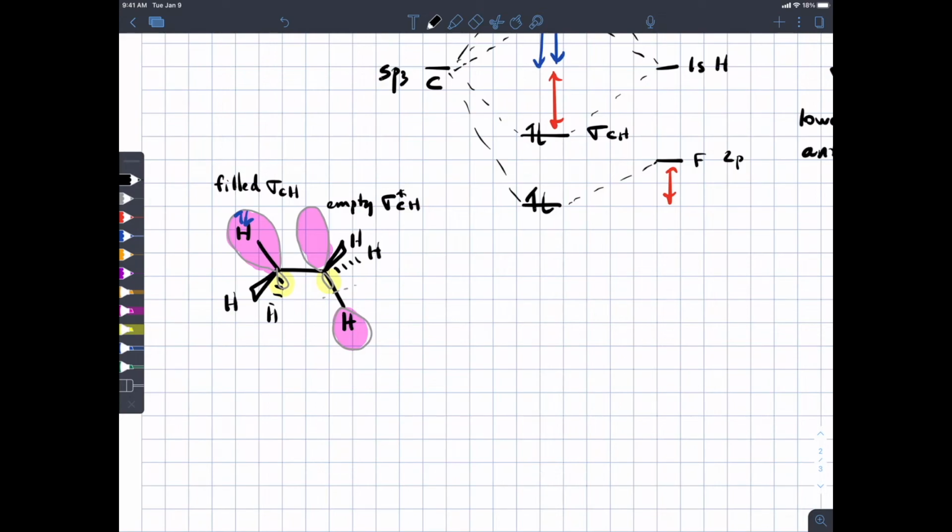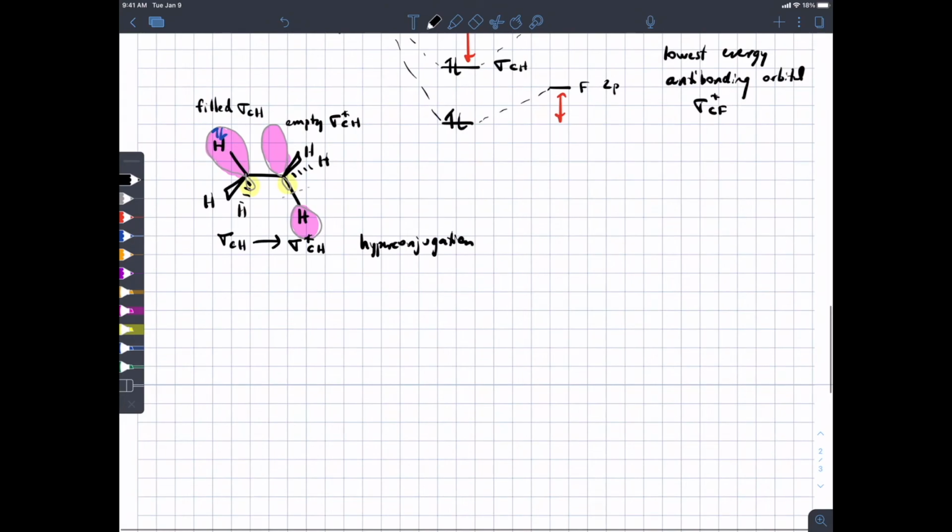The filled carbon hydrogen bond can donate electron density into the anti-bonding orbital. That's called hyperconjugation. You can think of this as though there was some orbital mixing going on. So imagine having a carbon hydrogen bonding orbital mixing with a carbon hydrogen sigma star anti-bonding orbital.